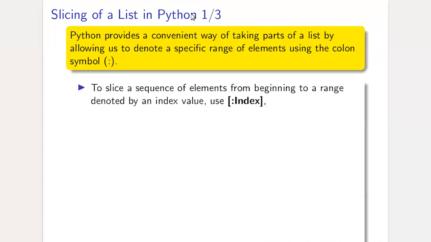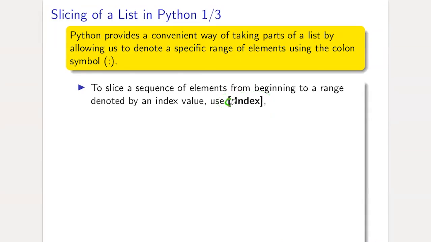Now, if we want to slice or cut a list from the beginning, that means 0 to a range defined by a value, let's call that value the index. This is how we would specify that. Square brackets. We don't write 0 here.